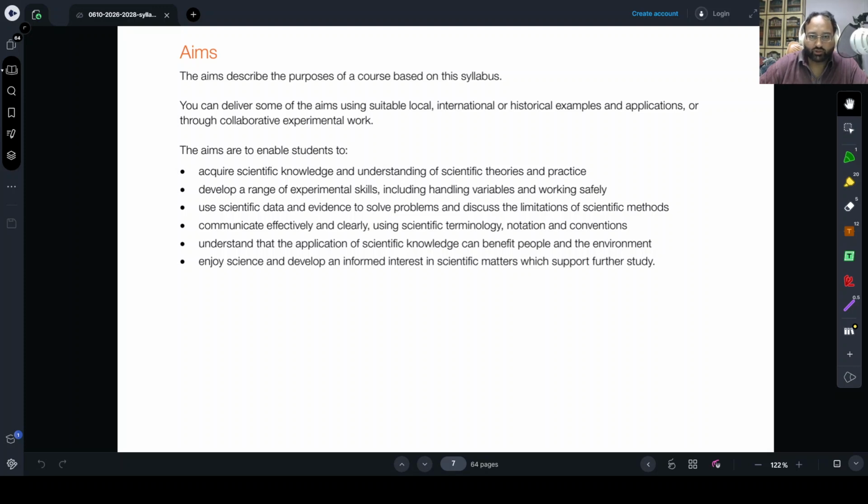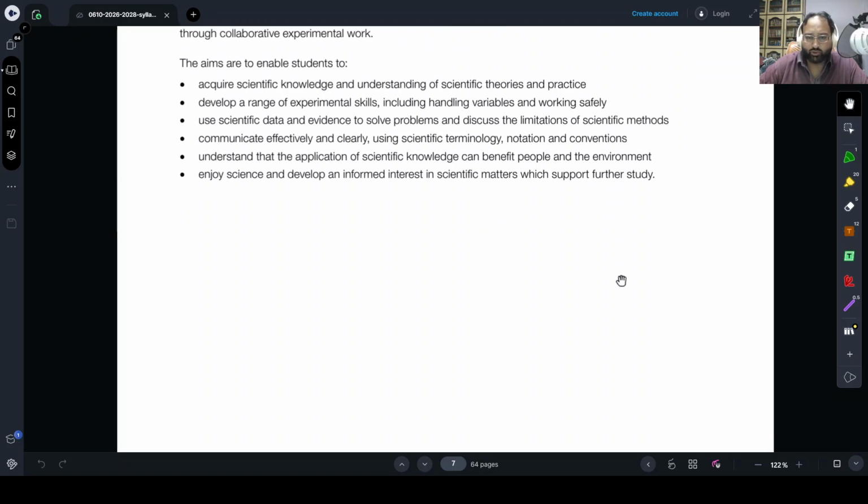That is your language. Understand that the application of scientific knowledge can benefit people and the environment, and it could benefit you as well, obviously. Physics, chemistry, biology, knowing those things will help. And enjoy science and develop an informed interest in scientific matters which support further study. So be inquisitive.